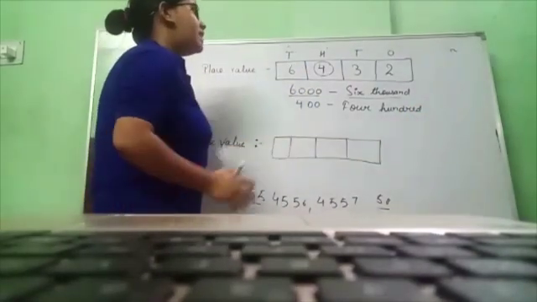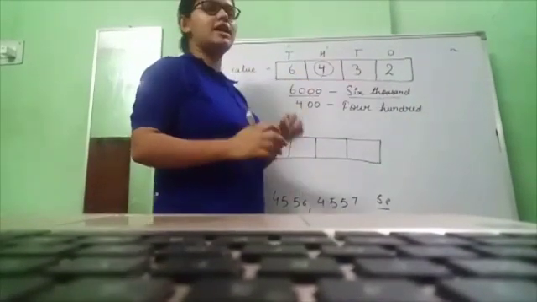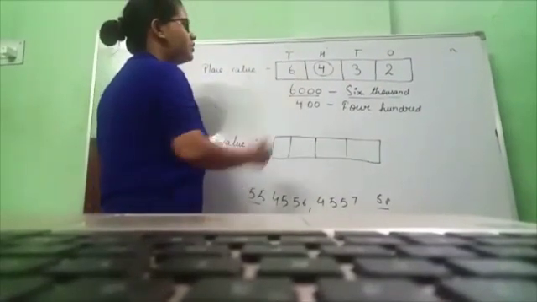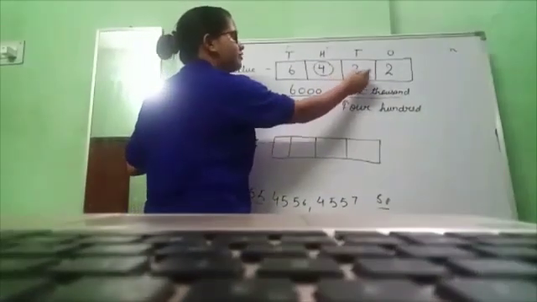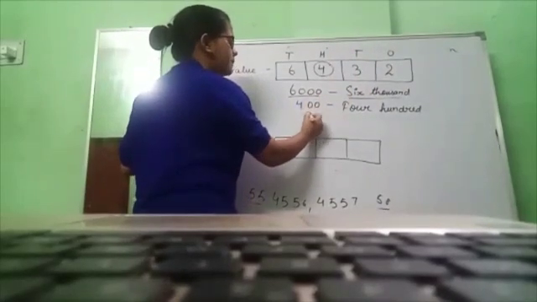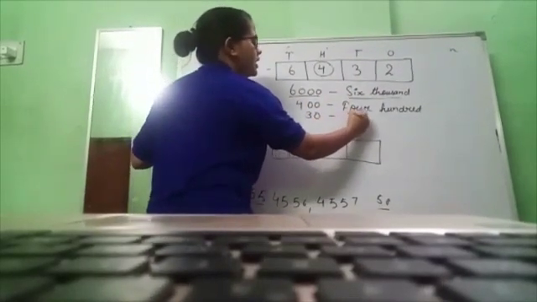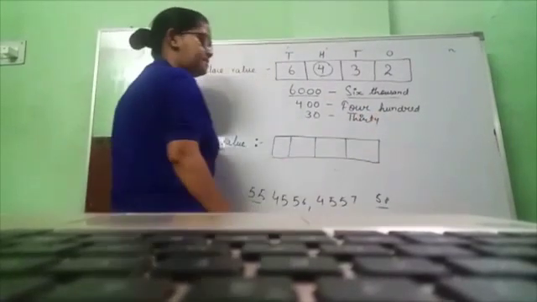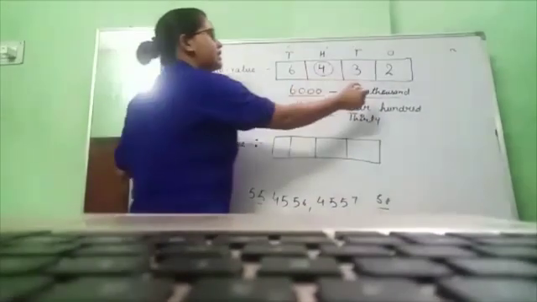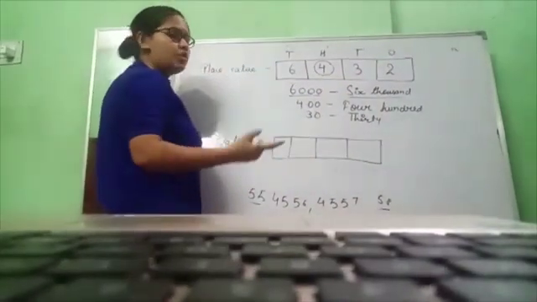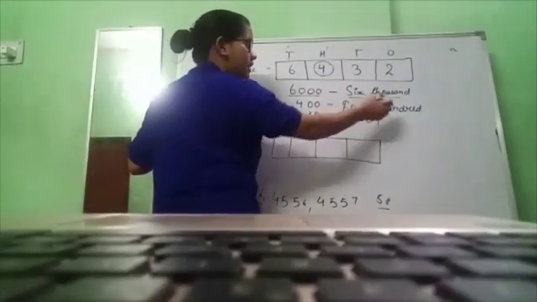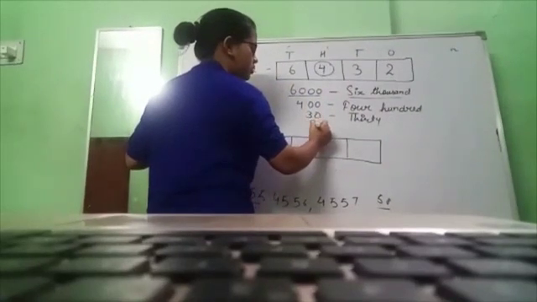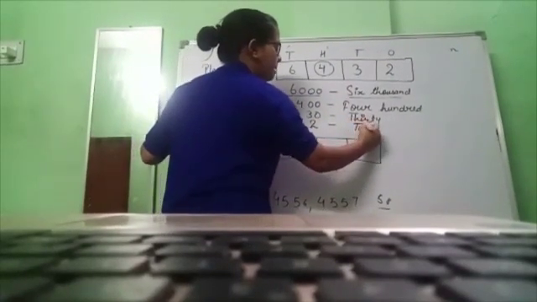Now, if someone asks you the place value of 3, what will we do? We will write 3, and after 3 there is 1 digit, so it becomes 30. Okay. Now there is 2. The place value of 2 is ones. So there is nothing after it. So it will be only 2. Right.